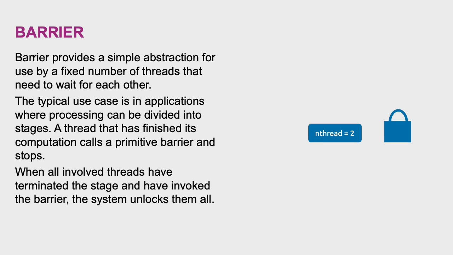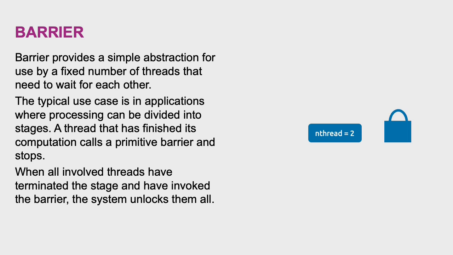A thread that has finished its computation calls a barrier primitive and stops, waiting for the others. When all the involved threads have terminated the computation of the stage and have invoked the barrier, the system can unlock them all and move to the following stage, possibly the following barrier.